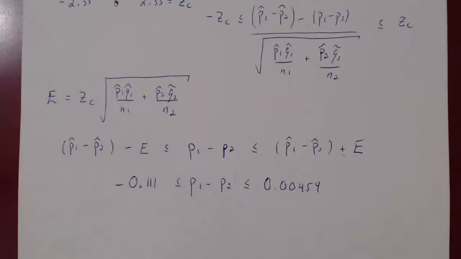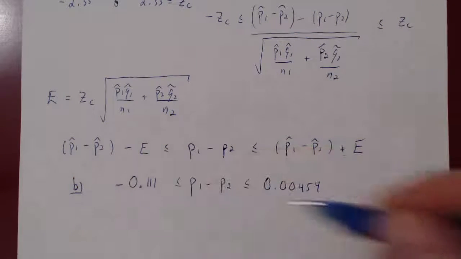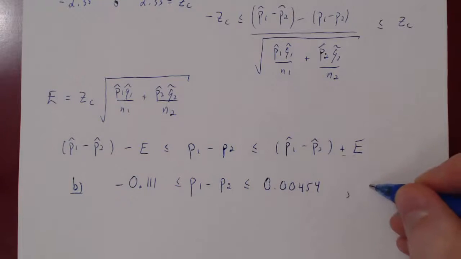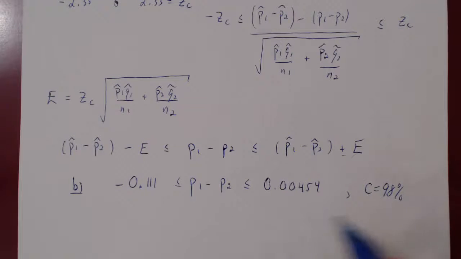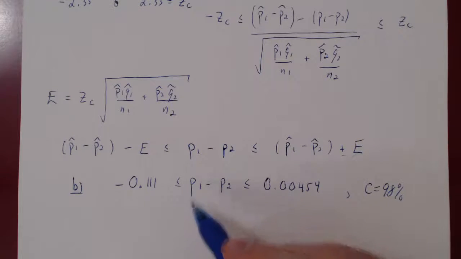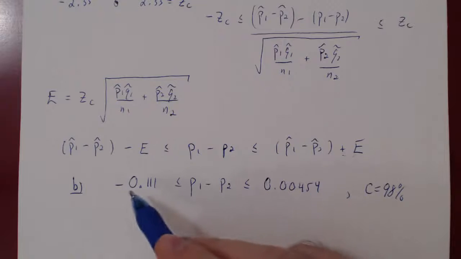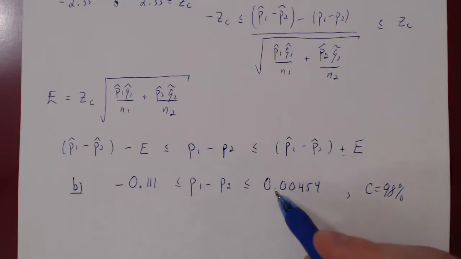If you remember in part C, the question was, are the results of part A and part B consistent with each other? Well, this is our conclusion from part B. This is our 98% confidence interval. So we are 98% confident that the true difference between P1 and P2 lies between negative roughly 0.11 and basically 0.